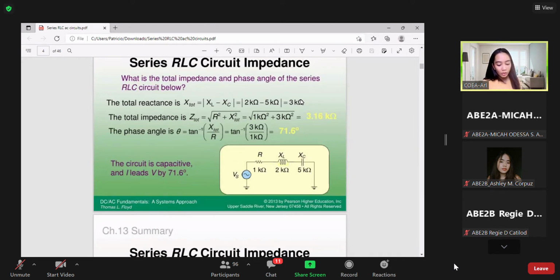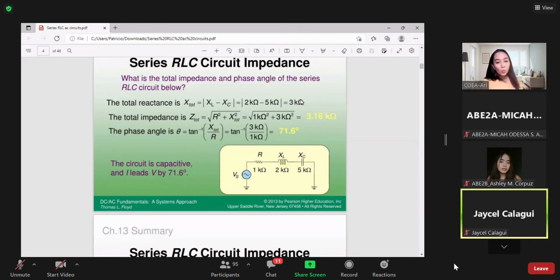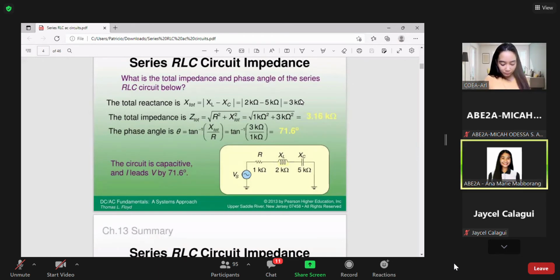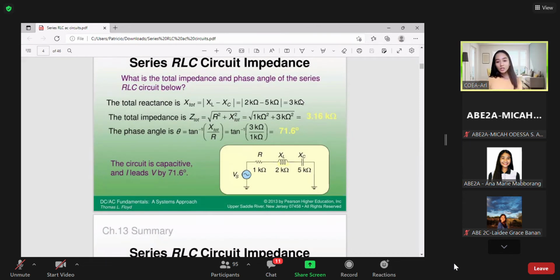Then directly convert. Is it still correct? 1,000 plus 3,000i equals, then shift to 3. Is it the same? Yes, ma'am, it's the same. So it's still the same. You can do this.